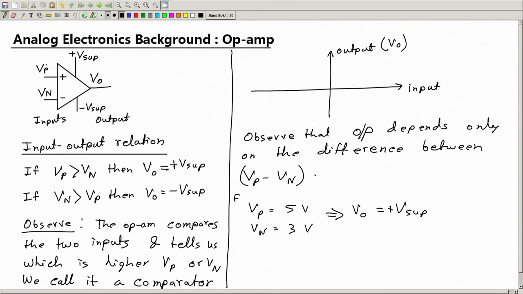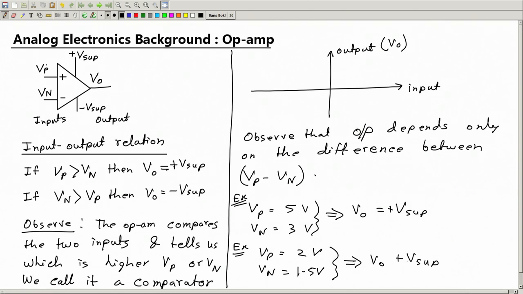Similarly, take another example: Vp is equal to say 2 volt and Vn is equal to say 1.5 volt. Then also Vo will be equal to plus V supply. It doesn't depend on the actual value of Vp or Vn. It depends only on the difference, right?